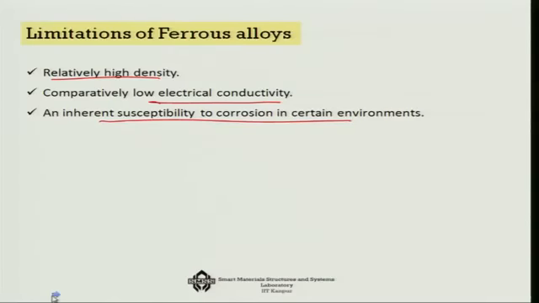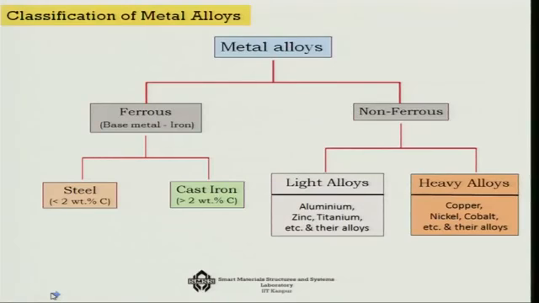Now, the classification of the metallic alloys: there is a branch, the ferrous alloys, with the base metal as iron. Then you have steel, cast irons, etc., and I have covered this in the last lecture.